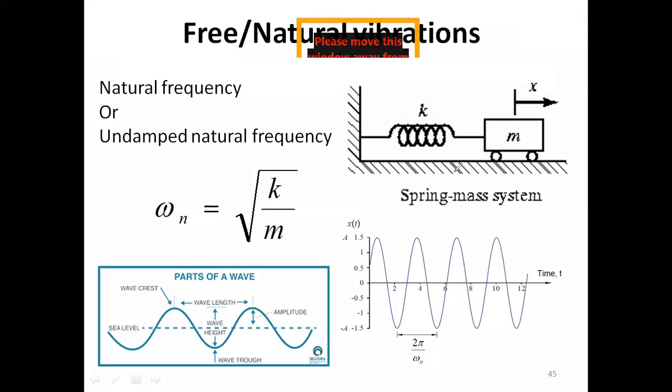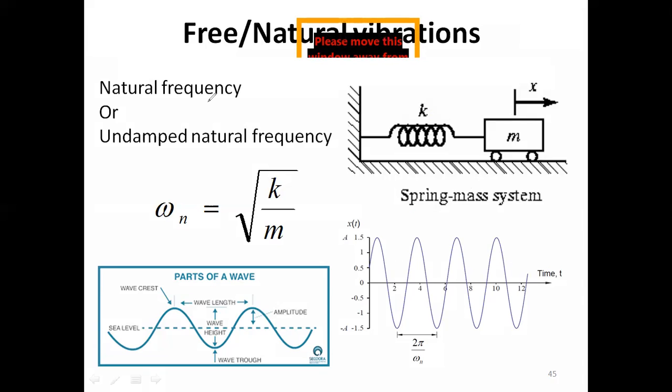The frequency of the system, natural frequency, or undamped natural frequency. Undamped natural frequency because we are not considering the damping in the system. Such type of system is known as an undamped vibratory system, and its natural frequency would be known as undamped natural frequency.